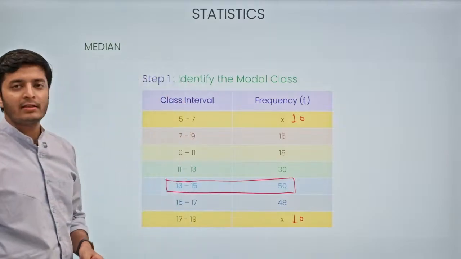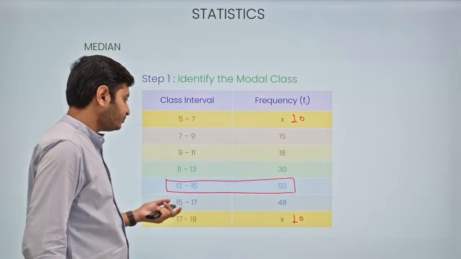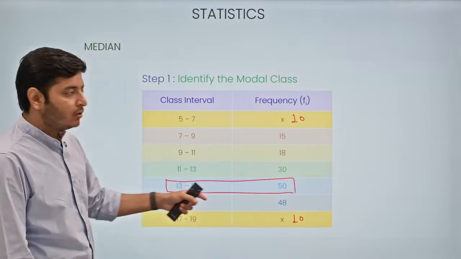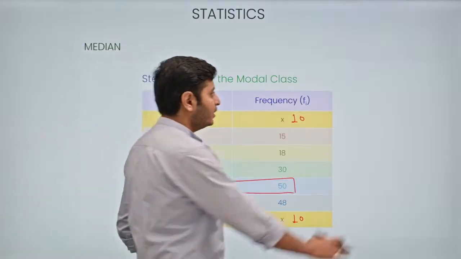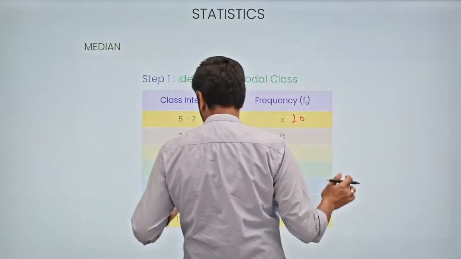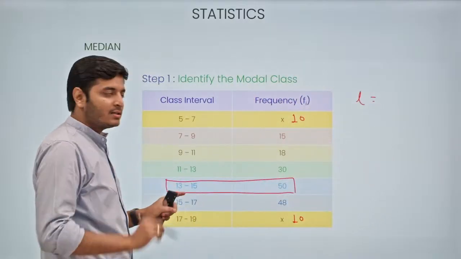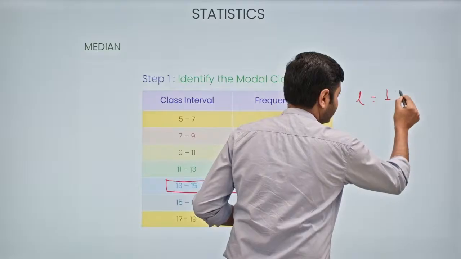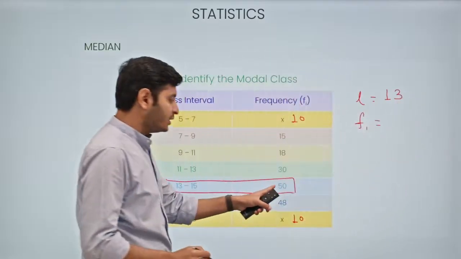Now, after finding the modal class, we need to write down every value. You can do it on the table, but please don't disturb your table. You can write down every value here only. So the L value is nothing but the lower limit of the modal class, 13. Then we need the F1 value, the frequency of the modal class, 50.